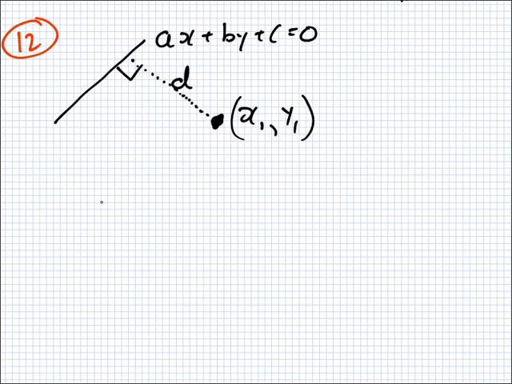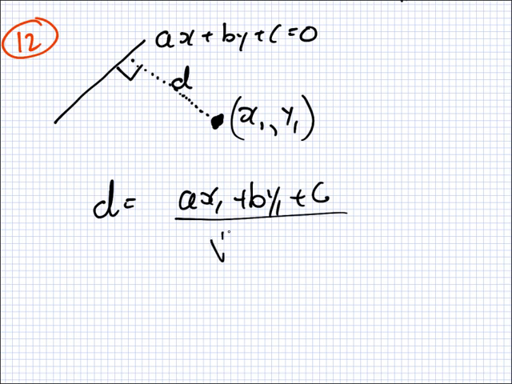There's a formula for it, and it's not too difficult. It's the modulus of ax1 plus by1 plus c, over the square root of a squared plus b squared. It just gives us the distance between a point and a line.